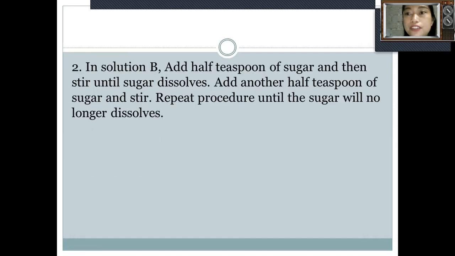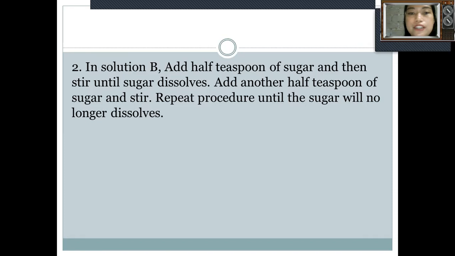I have the picture, so let's just proceed to the second procedure. Don't worry, I will show you the picture of the first procedure a little bit later on.